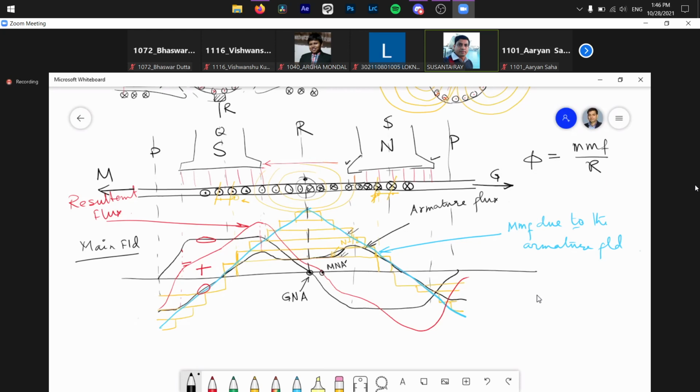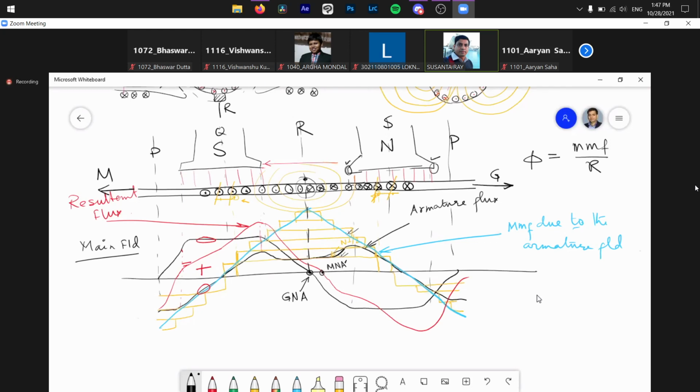Suppose it's a generator. Which pole tip will come first? The left one, isn't it? Yes, sir, left. I am asking, of the North Pole, which pole tip will come first, the left pole tip or the right pole tip? The left one will come first. So the left pole tip is called the leading pole tip. This pole tip is called the leading pole tip, and this is called the trailing pole tip. This comes first, that is the leading.